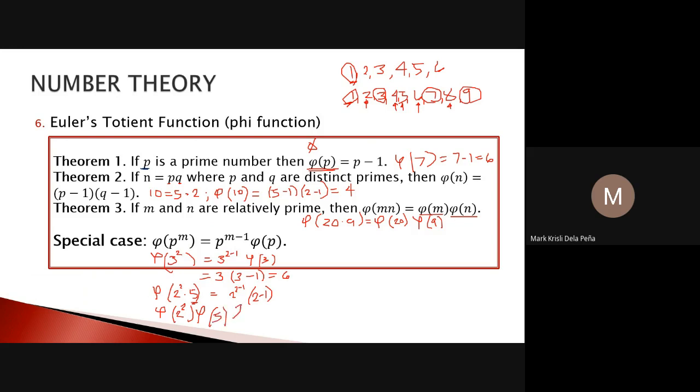Then times the phi function of 5 is 5 minus 1. So that's 2 to the 1 is 2 times 1 times 4. That's equal to 8. And phi function of 20 is 8. Phi function of 9 is 6. So we'll get 48. So the answer is 48.